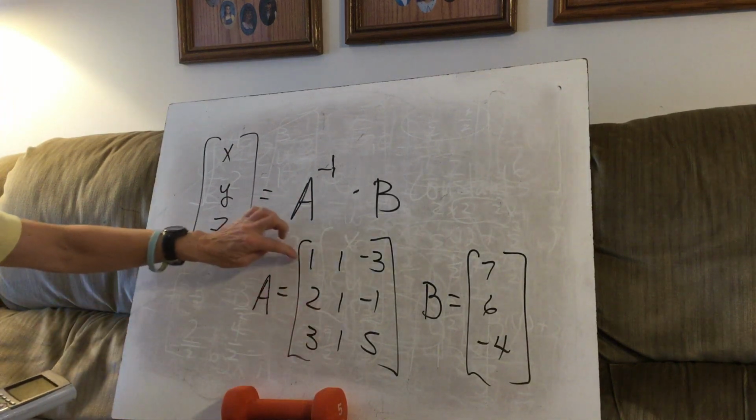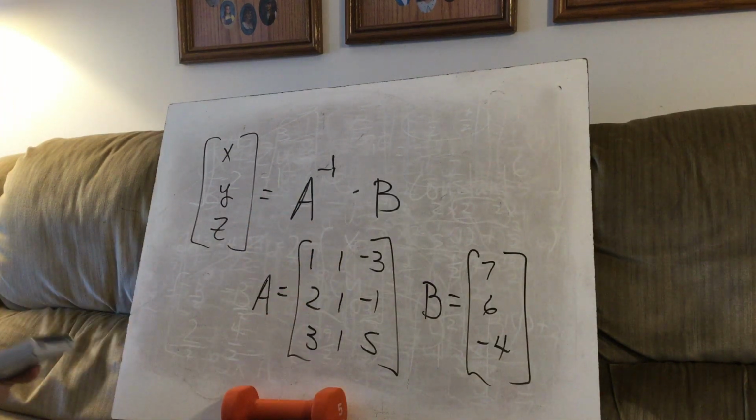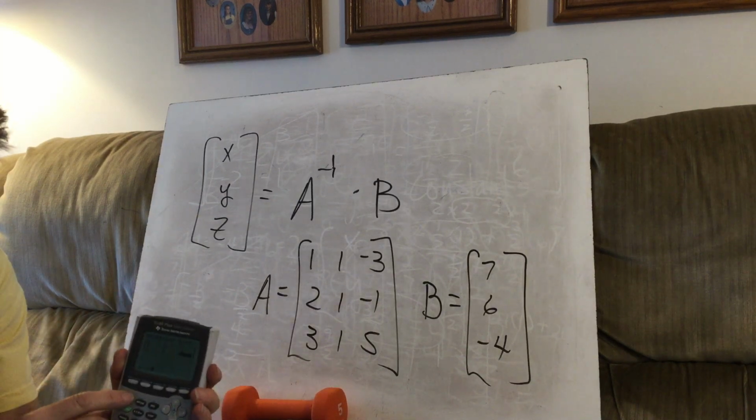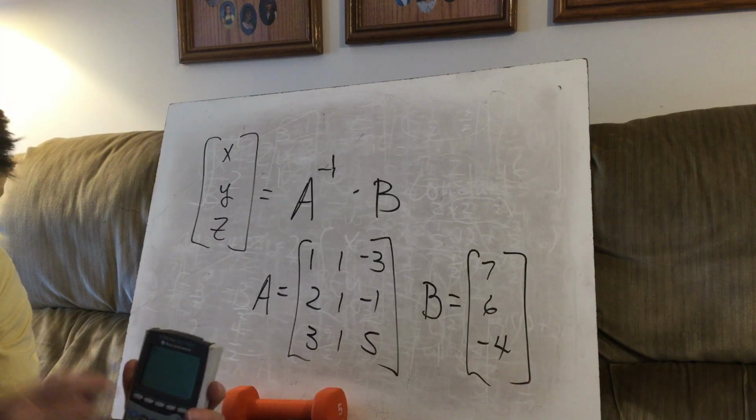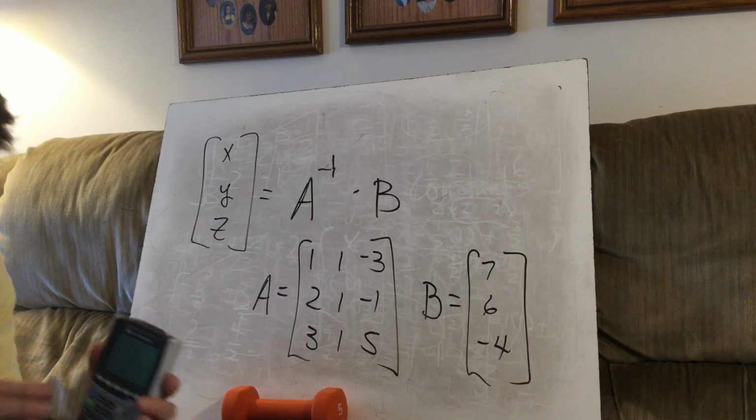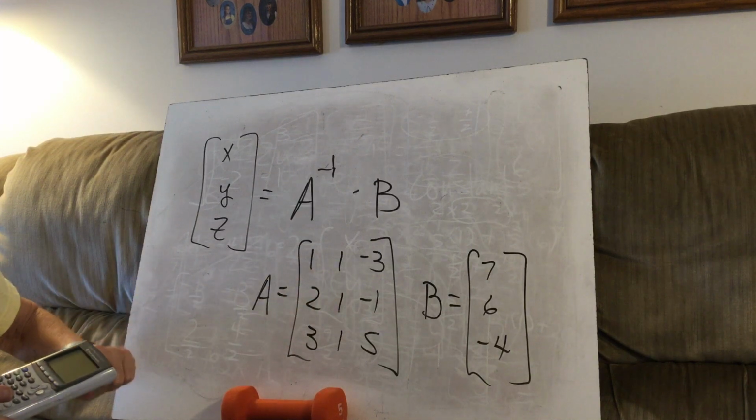Type over them. So put in these numbers into your matrix. So 1, enter, negative 3, enter. 2, 1, negative 1, 3, 1, 5, enter. Make sure you hit enter after every number, particularly that last one. Okay, now you got it in. So now we will second quit. Matrix A is now stored in the calculator.